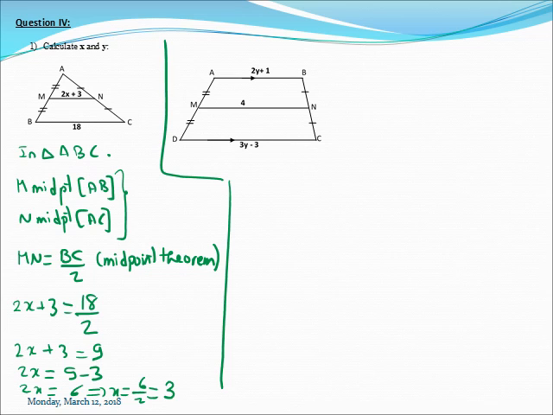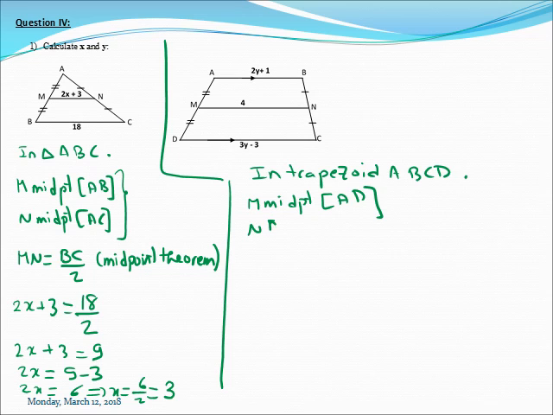Now, in trapezoid ABCD, M is the midpoint of AB and N is the midpoint of BC.